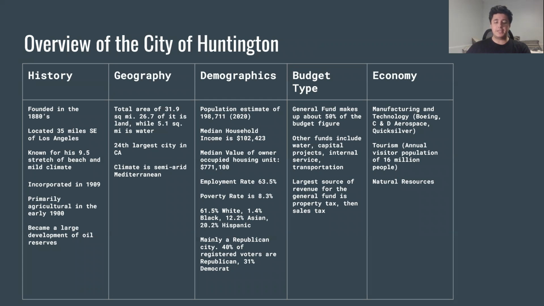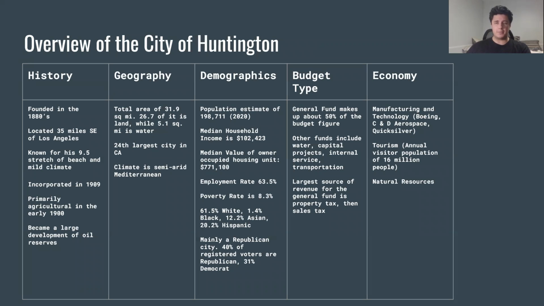The city has a total area of 31.9 square miles, 26.7 of which is land and 5.1 square miles is water. It is the 24th largest city in California. The population estimate as of 2020 is 198,711 people.